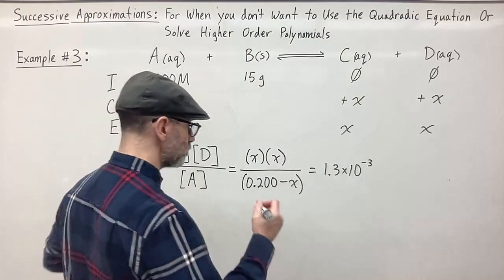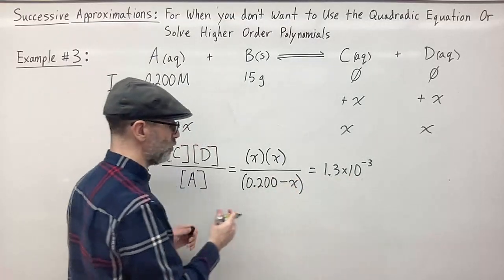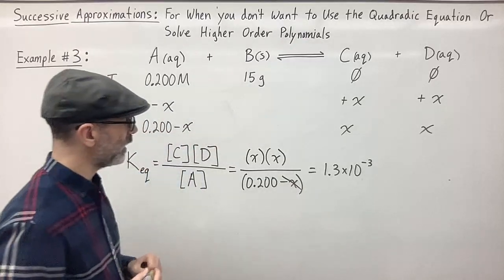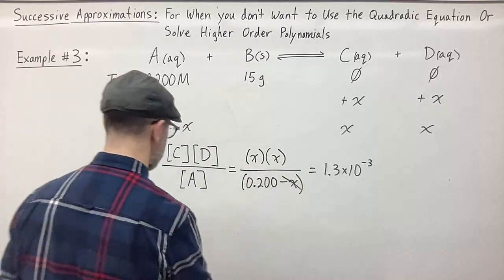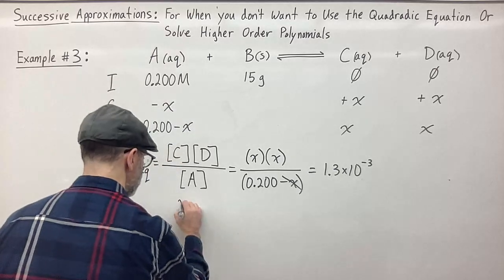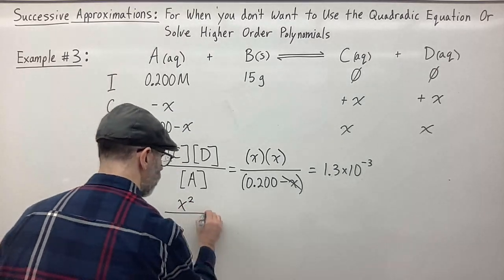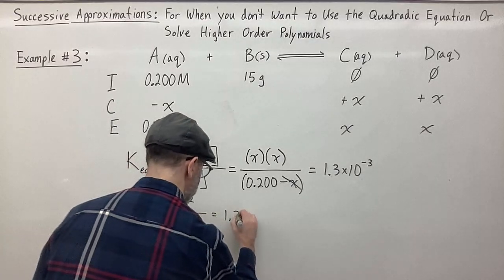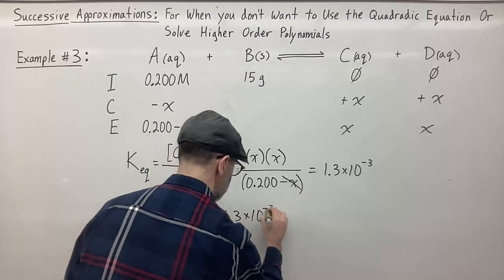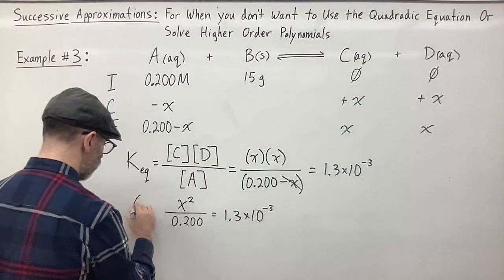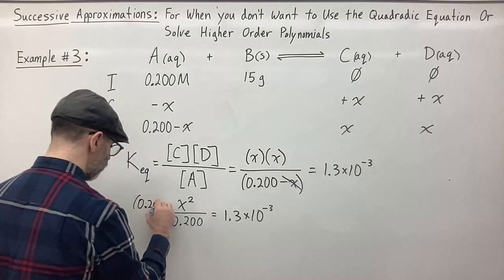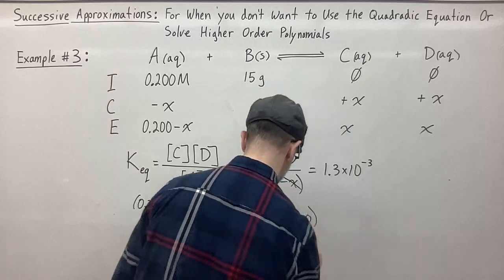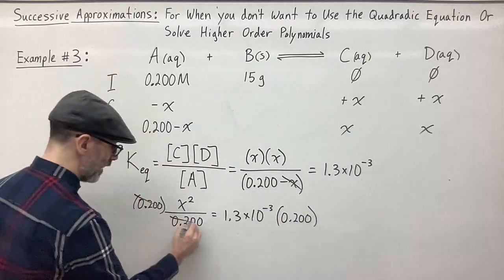Okay, so let's go ahead and assume that if x is negligible, then this is effectively going to be 0, and then we're going to solve for x here. So what we have is x squared over 0.200 is going to be equal to 1.3 times 10 to the negative third. Multiply both sides by 0.200, so that's going to cancel out.